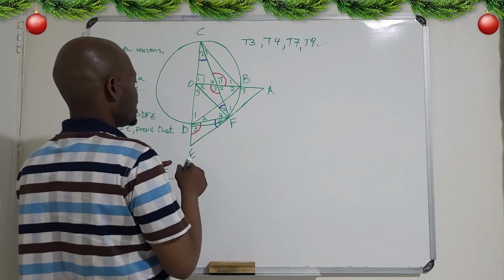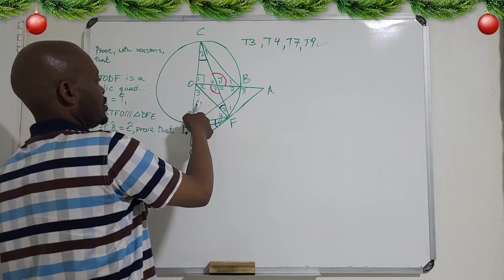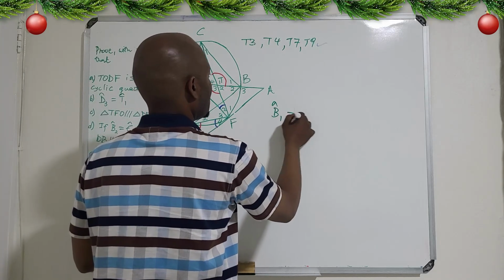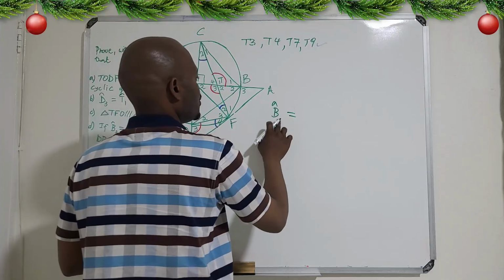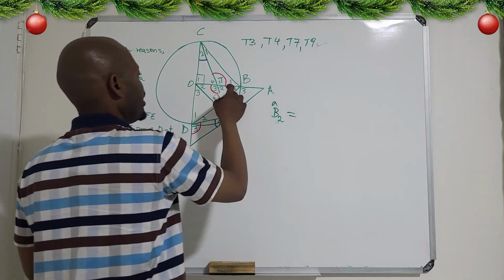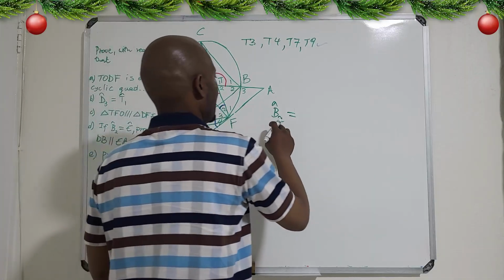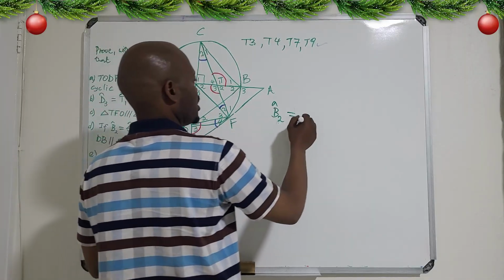We know that this angle there, which is angle B2, is equal to this angle there. Angle B2 is equal to angle D1.